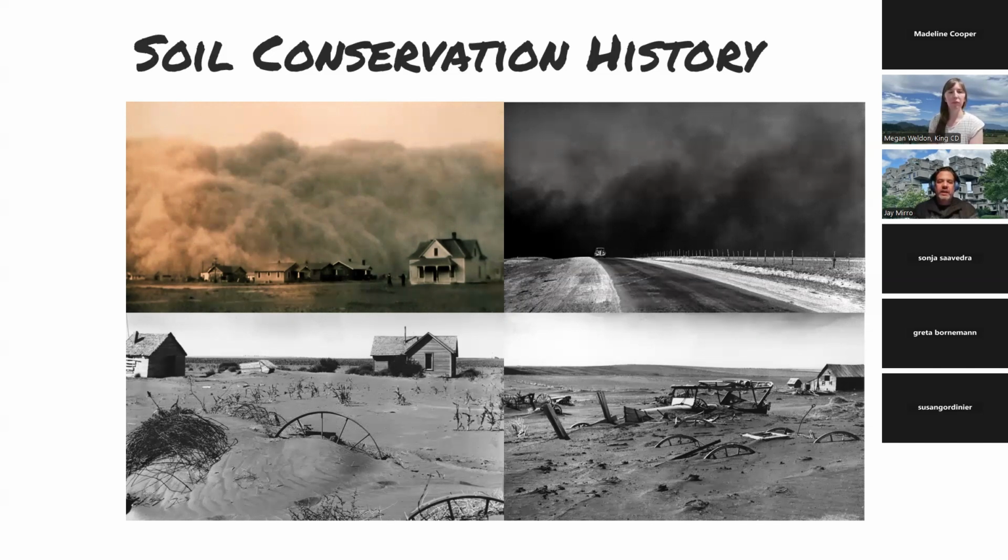The area was getting developed and settled. And while wheat prices were high after World War I, it seemed like the prairie was just going to be tamed. There was a saying they used to use: rain follows the plow. And of course, that's not quite the way it works in real life.